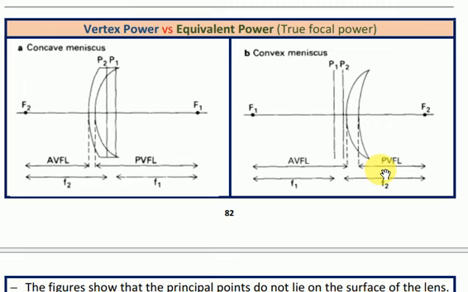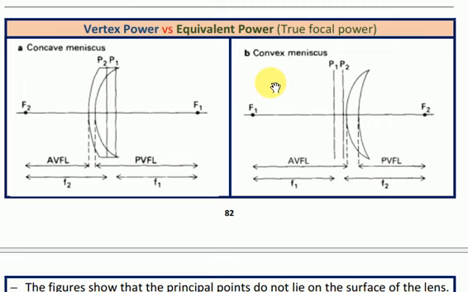This value differs from the true focal power or equivalent power of the lens. So what is equivalent power? The equivalent power of a thick lens is calculated from the two surface powers plus correction for vergence change due to the lens thickness. The discrepancy between equivalent power and back vertex power may be a cause of error in dispensing high-powered spectacle lenses or highly curved contact lenses.